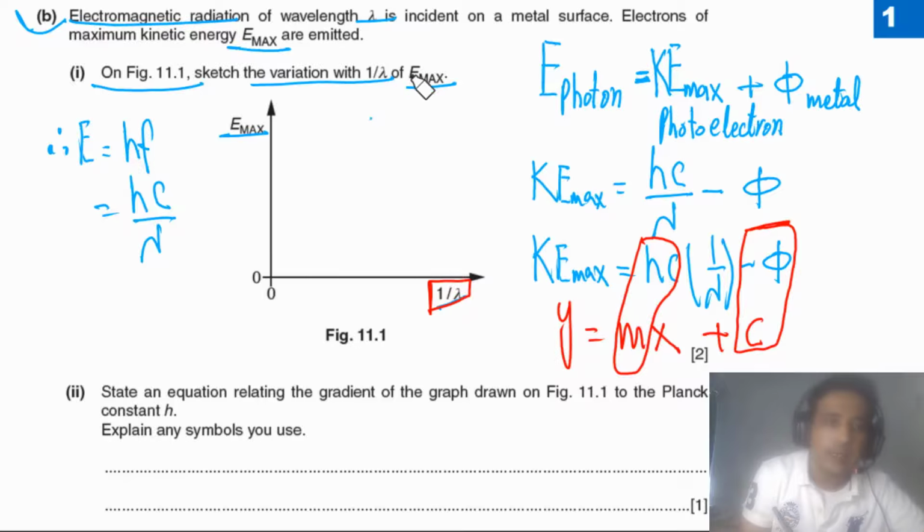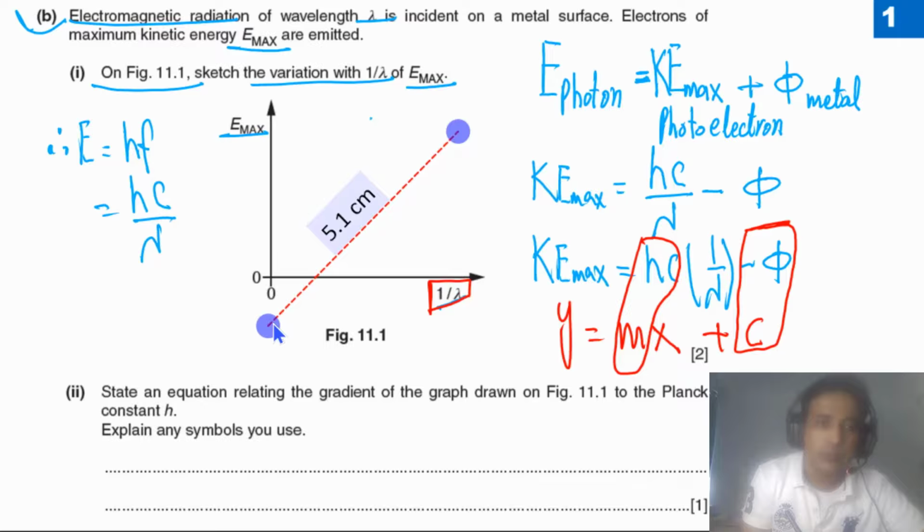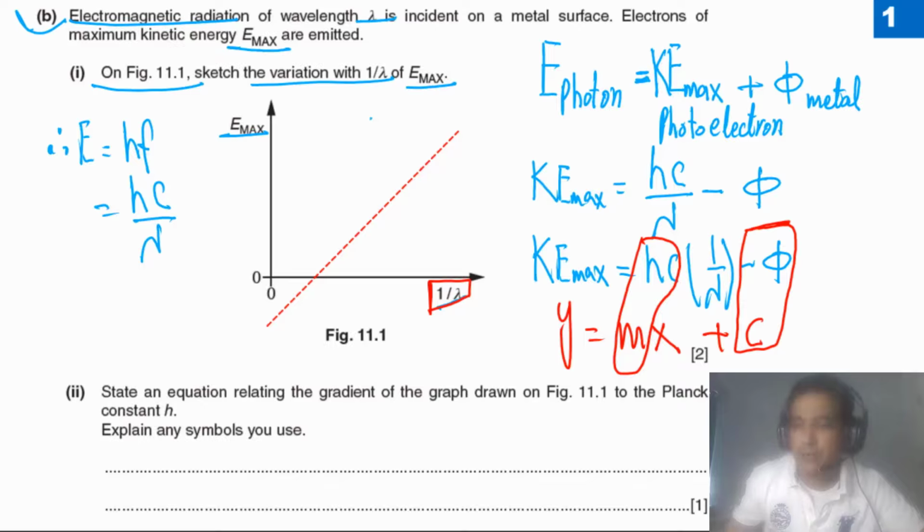So simply we have to draw the line here with y-intercept. So it has y-intercept, so you cannot draw from here. This one will be wrong. It means it has no y-intercept. It has y-intercept, so it should start from here somewhere. A number is not required, so you can start from anywhere, but you cannot start from the origin. Now if we extend this one, so this is our y-intercept, so you will get the value of phi, the value of work function, from the y-axis.